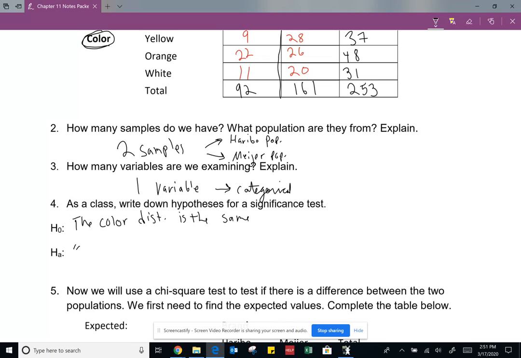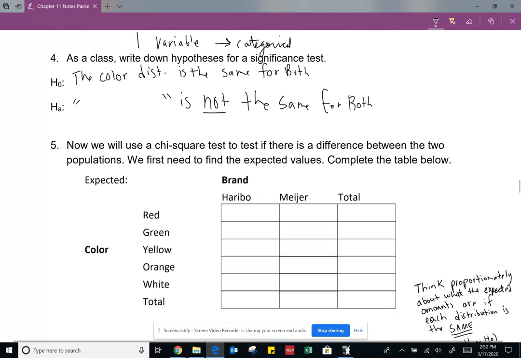And then our alternative is that the color distribution is not the same for both distributions. Okay, now we will use a chi-square test to test if there is a difference between the 2 populations.